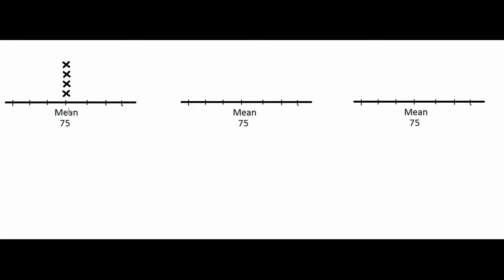But here's another possibility. Maybe 2 students got a 74 down here, and 2 students got a 76 up here.